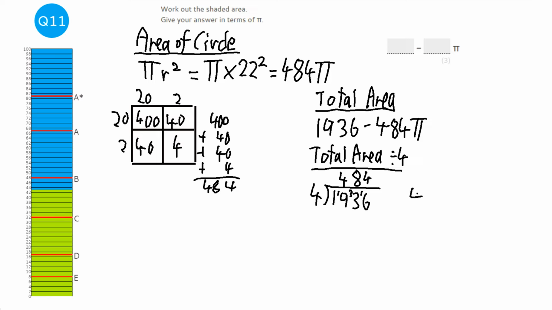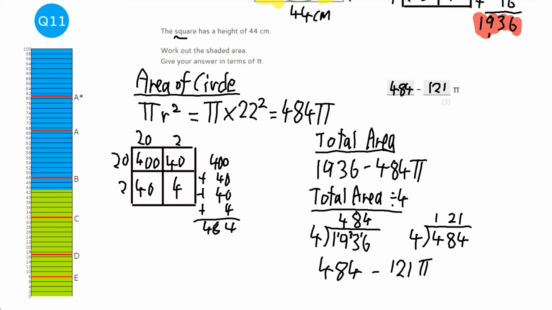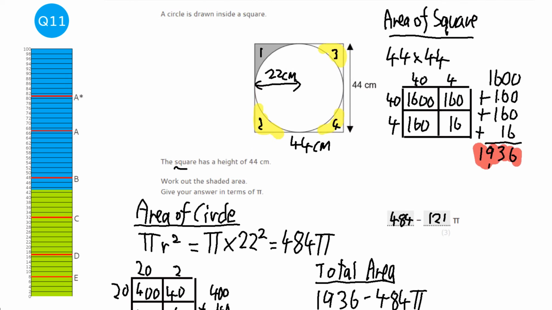We're going to do the same with the other one. 484, so that's going to be 1, 2, 1. So when I do it, I end up with 484 minus 121 pi. Nice and easy, maybe not. So let's put the answer in here, 484 minus 121 pi. And that's our answer.